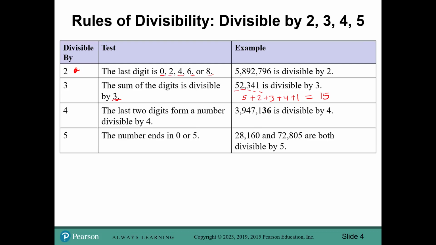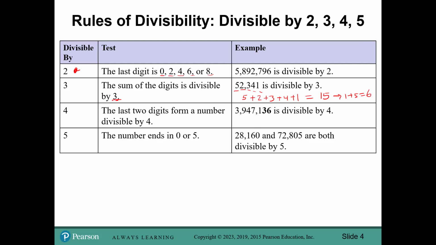If I didn't, I could do this trick again. 1 plus 5 is 6. 6 is divisible by 3, therefore 15 is divisible by 3, and therefore 52,341 is also divisible by 3.